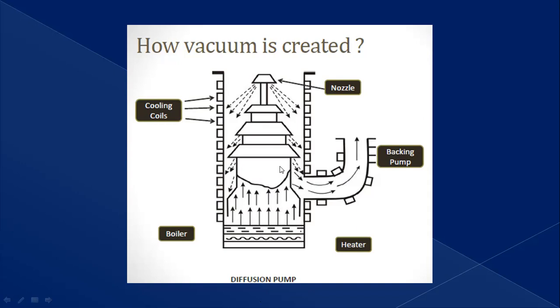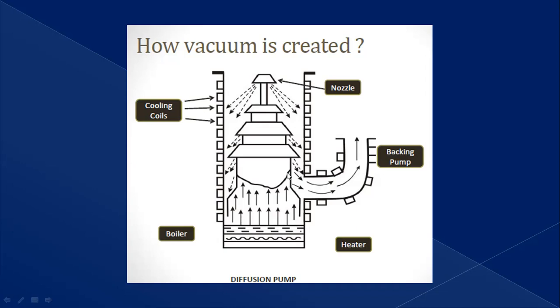In a diffusion pump, generally the oil is heated. That oil, while heated, travels throughout the chamber, and these oil molecules are going to catch the air molecules in the chamber and extract them with the help of the vacuum pump. This is how the vacuum is created. A heater heats the oil continuously and forms oil vapors.